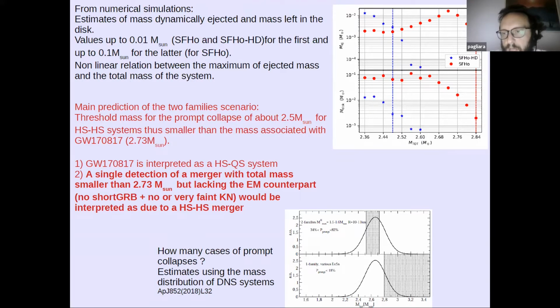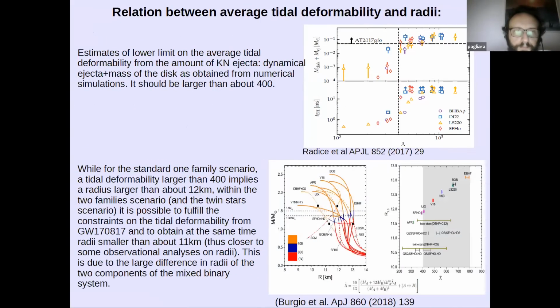Whereas in the two family scenario, it could be that also with masses below this 2.73, we could have a prompt collapse to a black hole if the system was made of two hadronic stars. Whereas GW170817 in our case is interpreted as a mixed system of a hadronic star and a quark star, which did not produce a prompt collapse, but actually produced a remnant and all the nice things that we know.